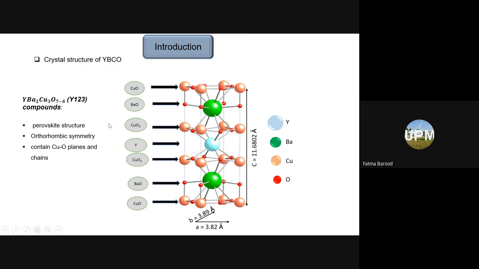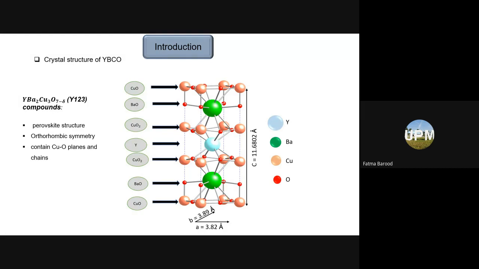This is the structure of YBCO. The structure is an oxygen deficient perovskite and has a layered structure of copper oxygen planes and chains arrangement. The layers are separated by CuO2 planes with a gap between the Cu plane and chain.